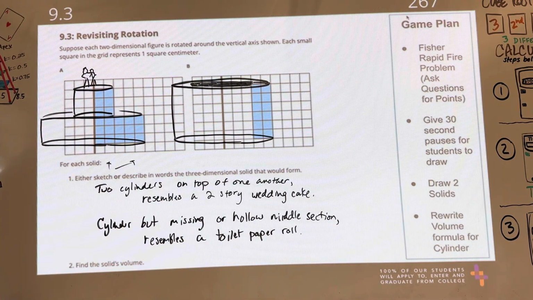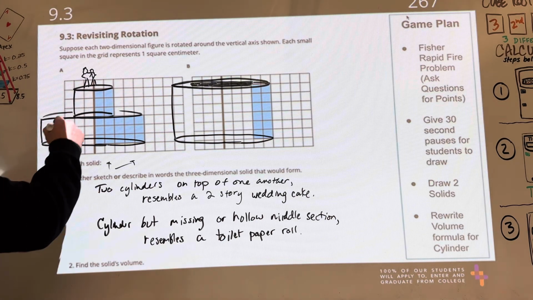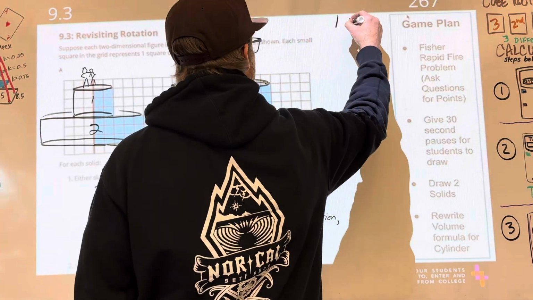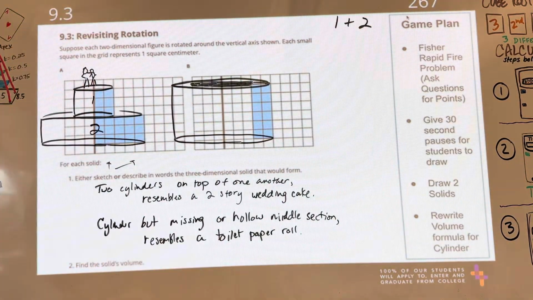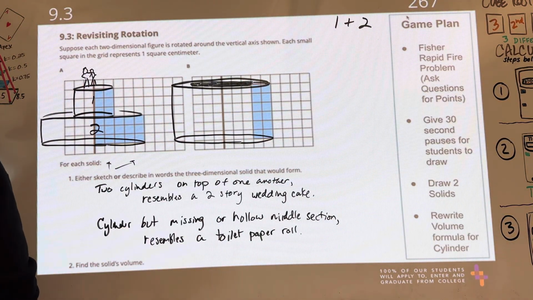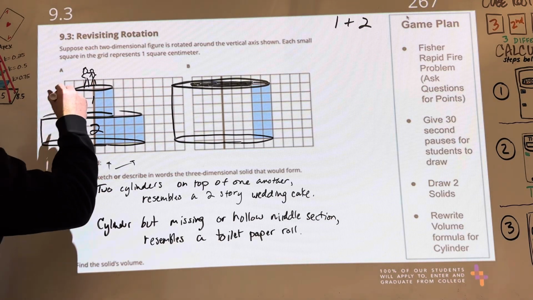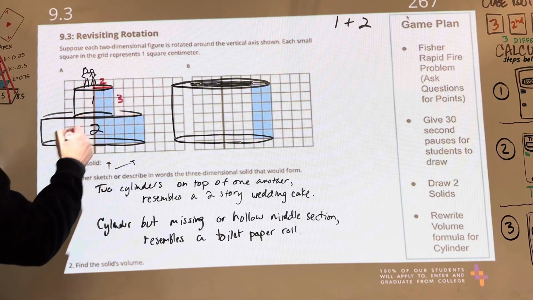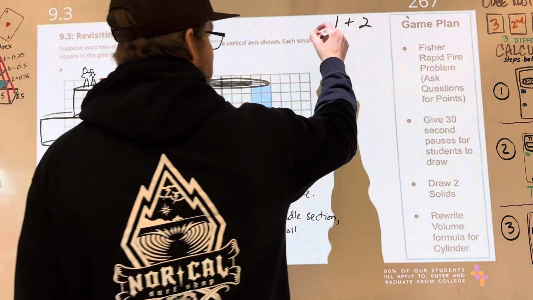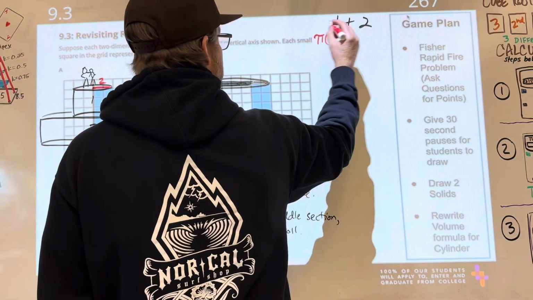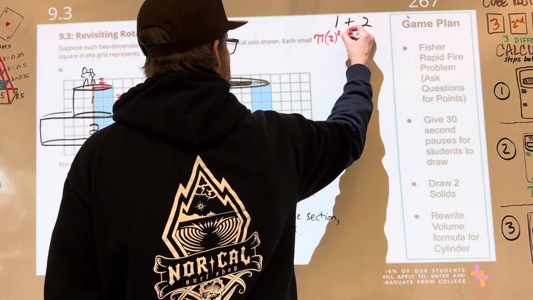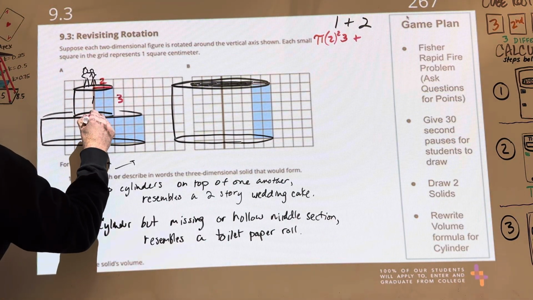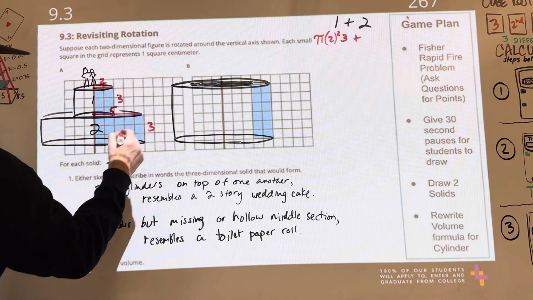All right, find the solids' volumes. So this one is going to be 1 plus 2. Let's look at 1. Your radius is right here, which is 2, and your height is 3. So for 1, it's going to be pi 2 squared times 3 plus your radius is 5 and the height is 3.